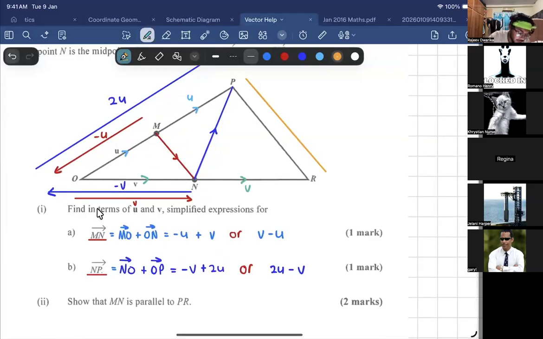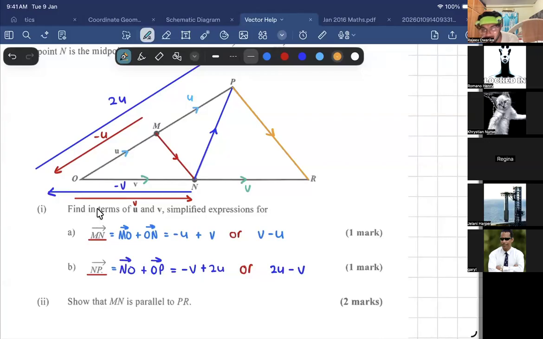So you want to go from P to R. I'm going to draw a little orange line here. How could I go from P to R? We're going to go from R to P. So it would be R to the origin. Wait, P to R, eh? P to R. So where are you starting from? P. Right.